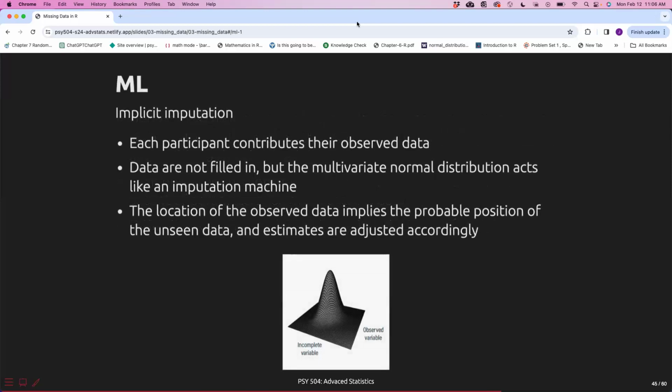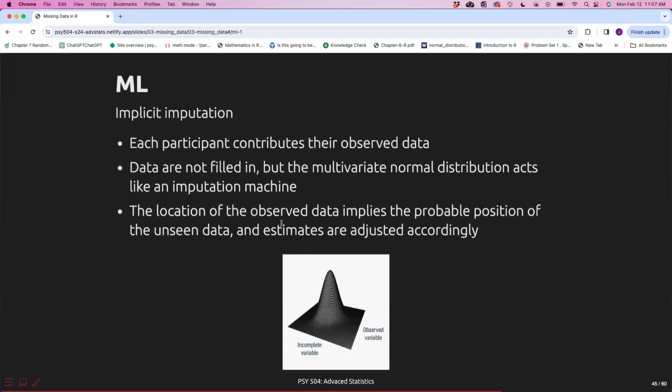So it's performing what's called implicit imputation, where each participant contributes their observed data. The data are not filled in, but instead, what we use is the multivariate normal distribution. That's the assumption of maximum likelihood, and we use this as kind of an imputation machine. Given where our observed variables are, we kind of intuit where the missingness lies, and our estimates are adjusted accordingly.